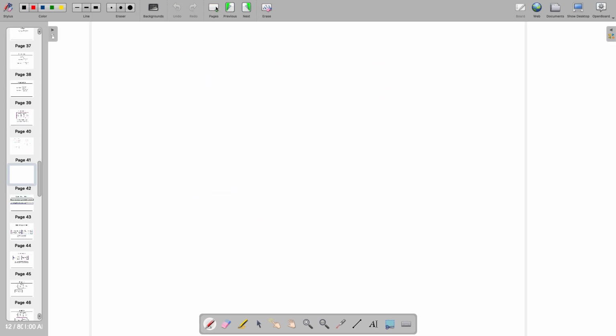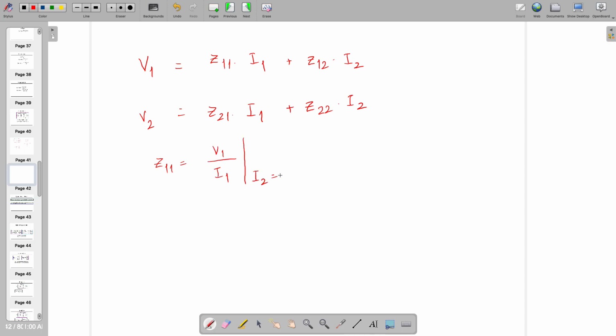Apart from that, Z parameter is the one where V1 and V2 are dependent parameters, and the governing equations are as follows. Z11 is nothing but V1 by I1, where I2 equals 0, and Z12 is equal to V1 by I2 when I1 equals 0, and the others can also be written on the basis of this.